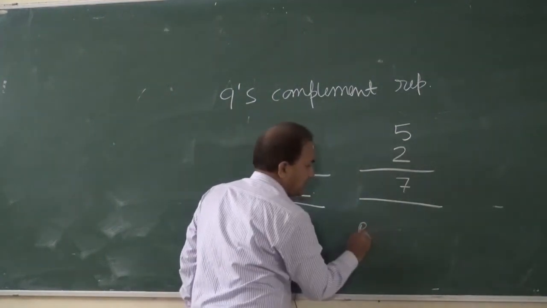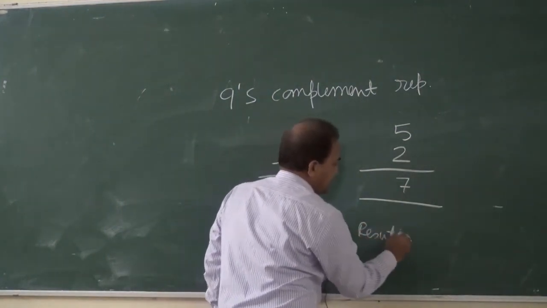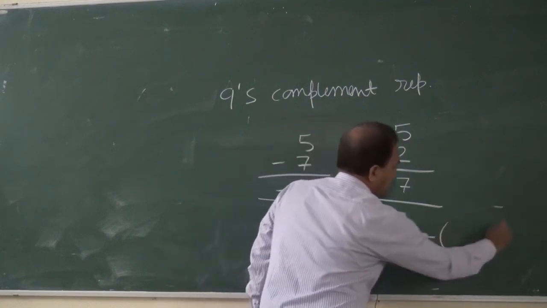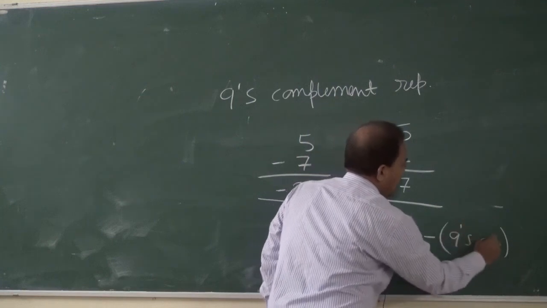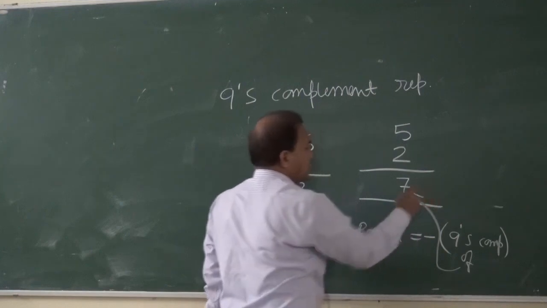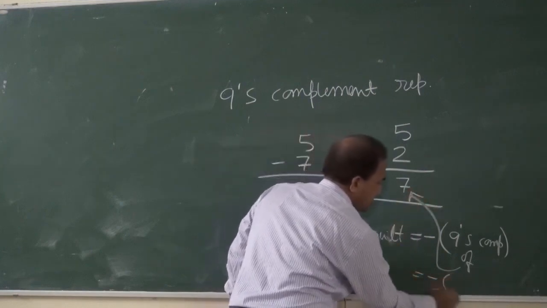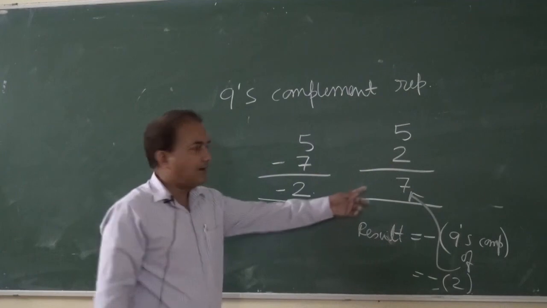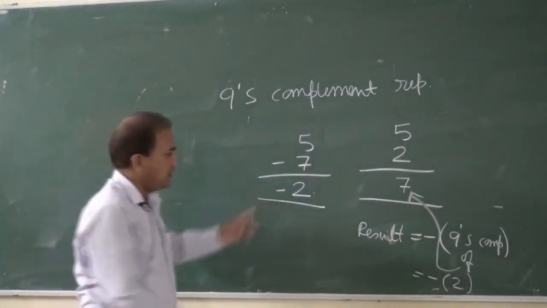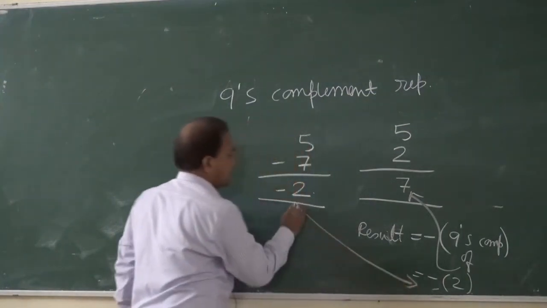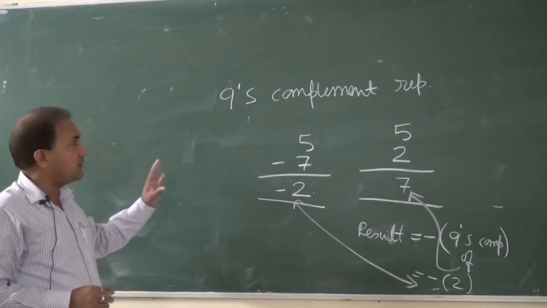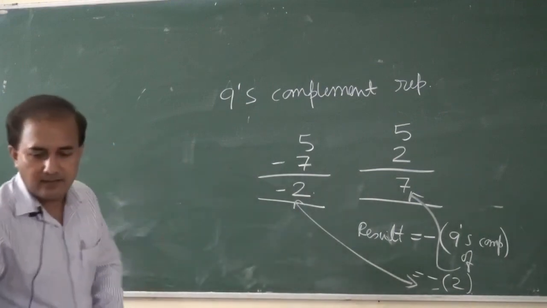The final result is equal to minus the 9's complement of this number. So it is equal to minus 2, since the 9's complement of 7 is 2. Okay, so this answer is matching with this. In this way you can perform any arithmetic operation by using 9's complement.